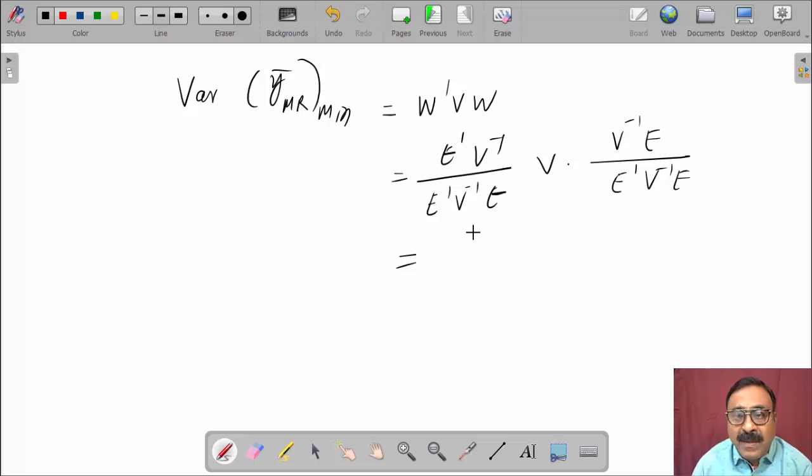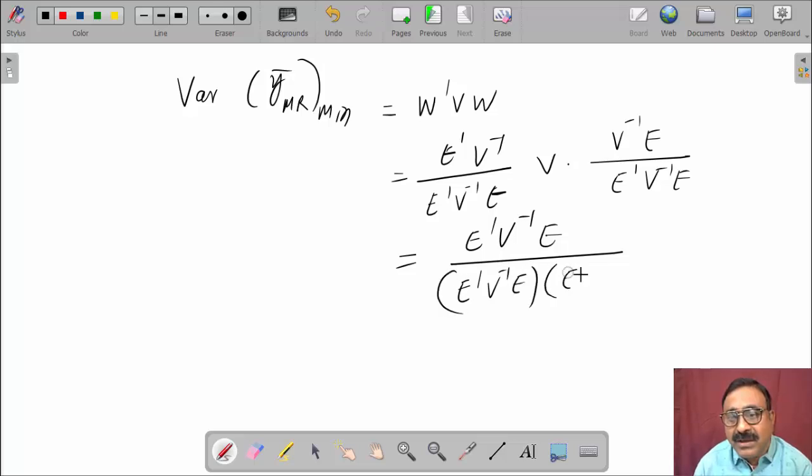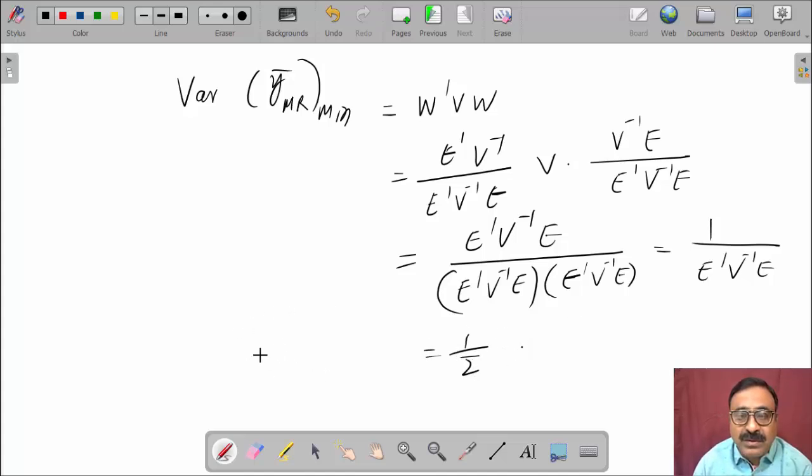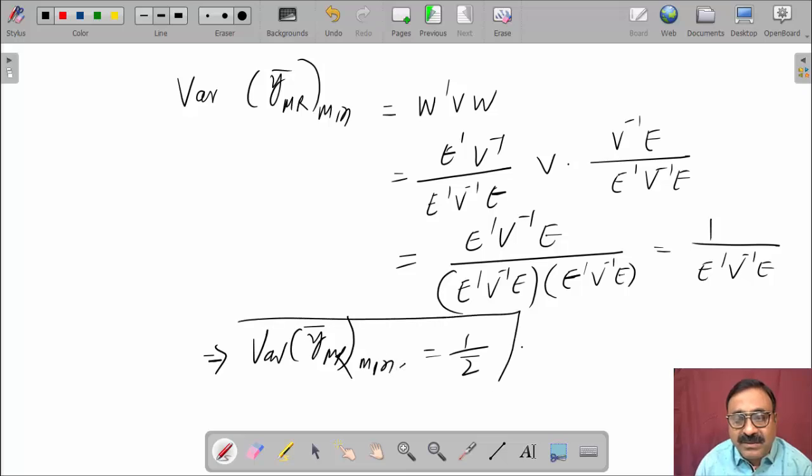So that is equal to E dash V inverse E divided by E dash V inverse E into again E dash V inverse E. That is equal to 1 by E dash V inverse E, that is equal to 1 by sigma. So the minimum variance of the multivariate ratio estimator YMR bar is 1 by sigma.